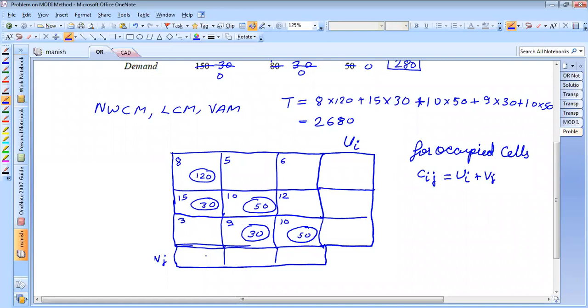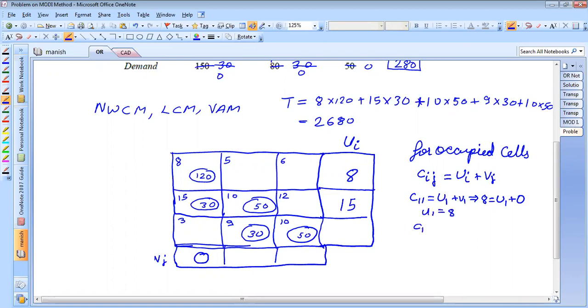Randomly selecting, I am taking V1 as 0. If I take V1 as 0, my U1 becomes 8, U2 becomes 15. How is it? C11 is equal to U1 plus V1, implying that 8 is equal to U1 plus 0. So U1 is equal to 8.